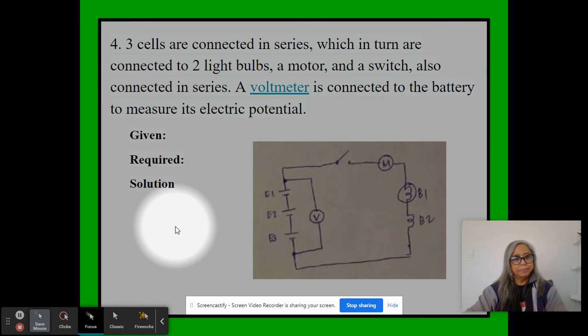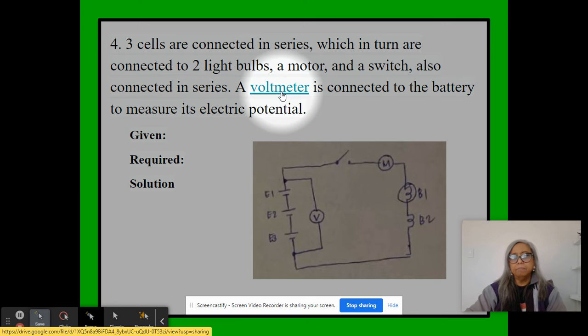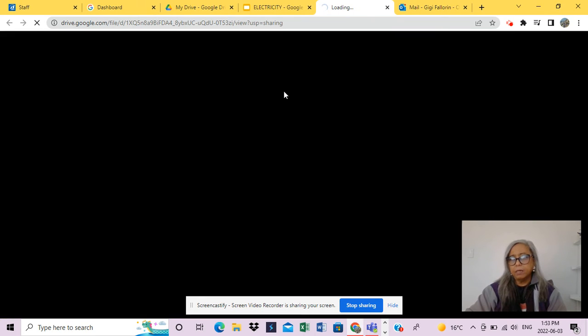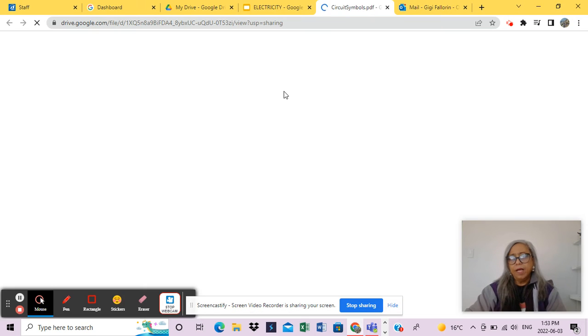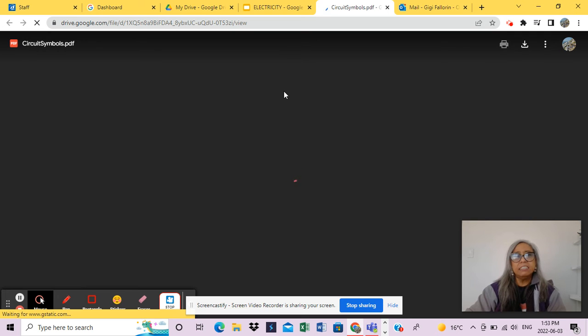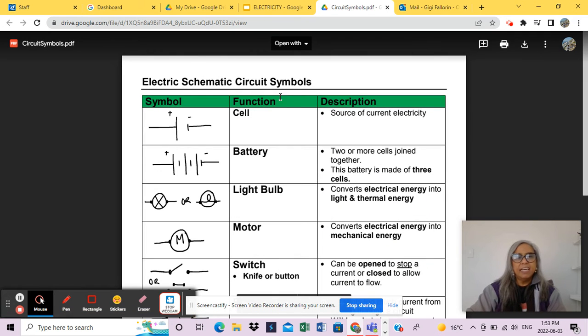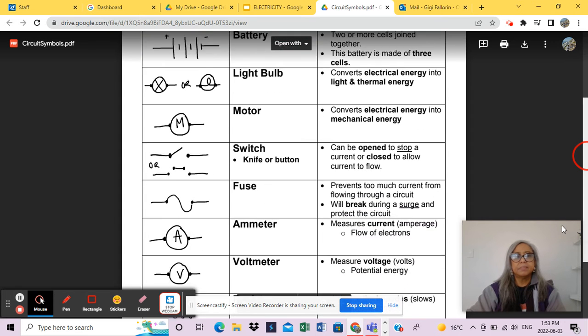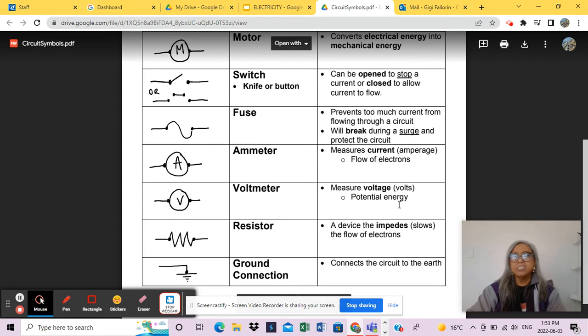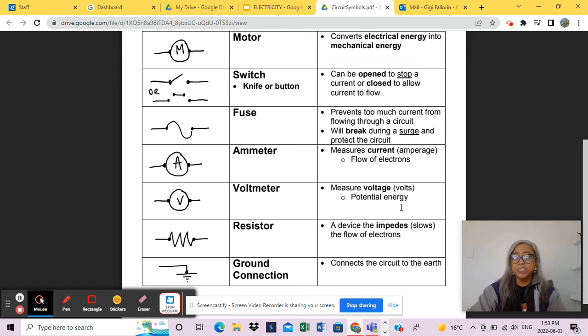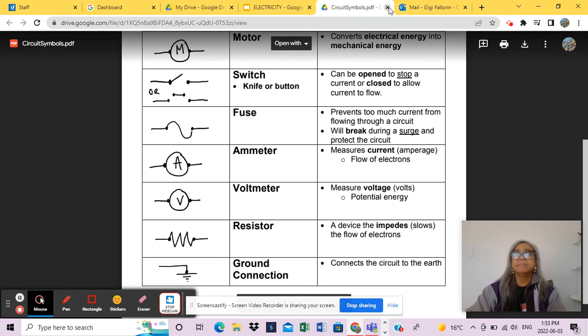Okay? And of course, I have here a link. It presents us an idea of exactly what a voltmeter does, right? Hopefully, this is, yes, a voltmeter, it says here, would be what? It measures voltage or the volts or the potential energy. Okay?